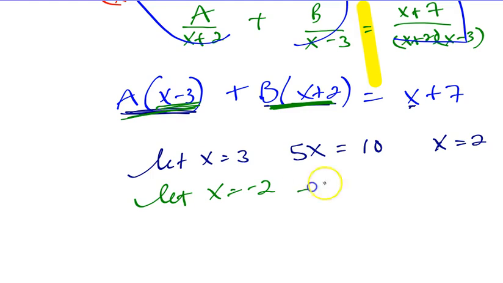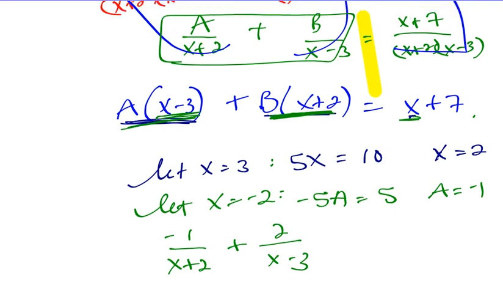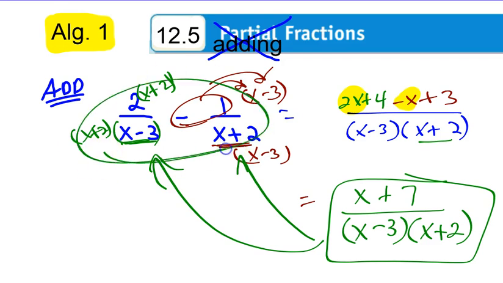So I get negative 5a equals negative 2 plus 7, which is 5, and a is negative 1. Then I can go back and write this fraction, negative 1 over x plus 2, plus 2 over x minus 3. And of course I could swap that around, and I believe that's what we had started this video with.